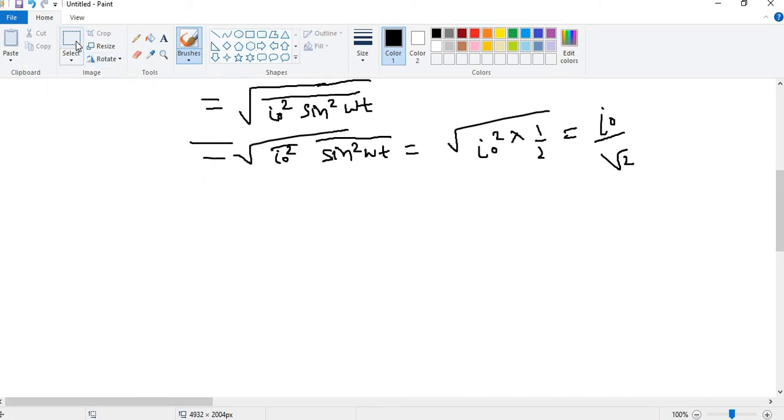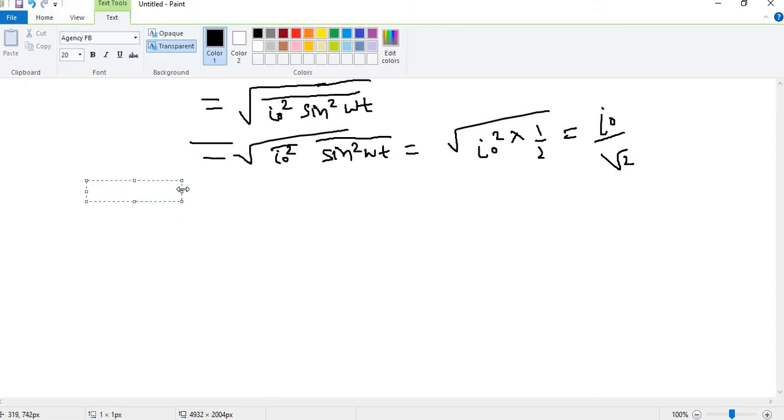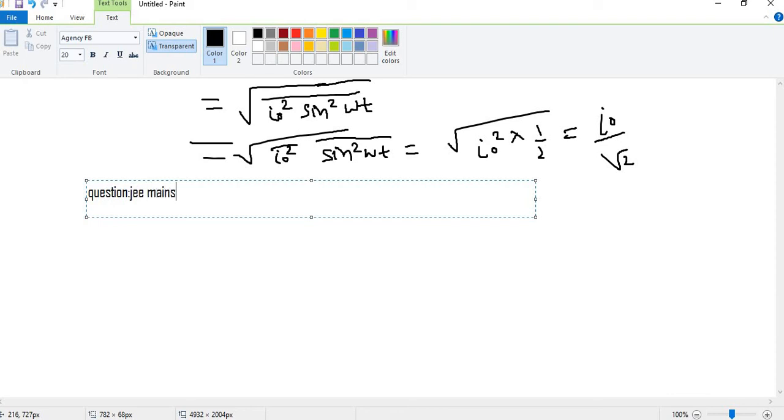Now we have one more question that was asked in JEE Mains. A similar kind of problem has been asked in JEE Mains also, so we will solve that question too.